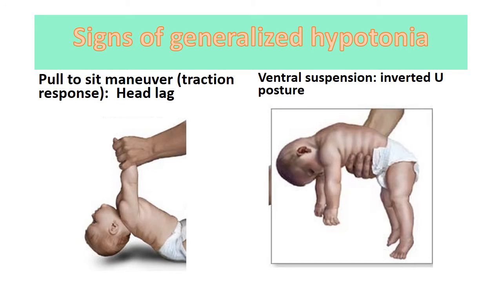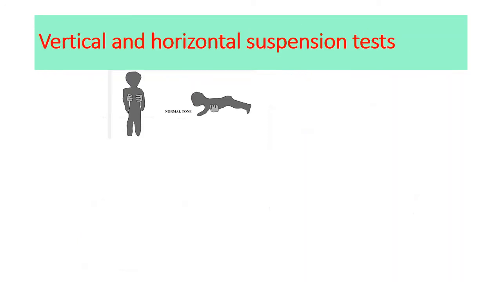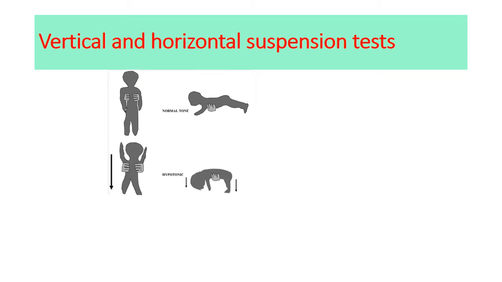On ventral suspension, there is an inverted U posture, while on vertical suspension, the infant with generalized hypotonia will slip from your hands, compared to a normal infant who will hold his shoulders above your hands.